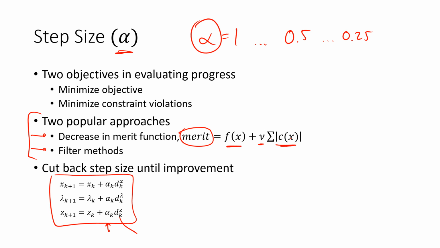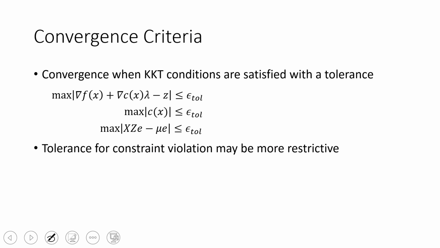Filter methods use a combination of the objective function and the constraint violation, and there are some rules that go in there about accepting a new step size. For convergence criteria, we go back to our 3 KKT conditions, and if those are all less than a certain tolerance, then we say we're done. So we've satisfied the KKT conditions.